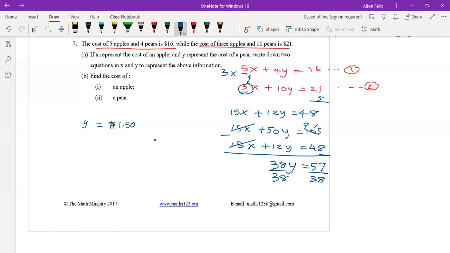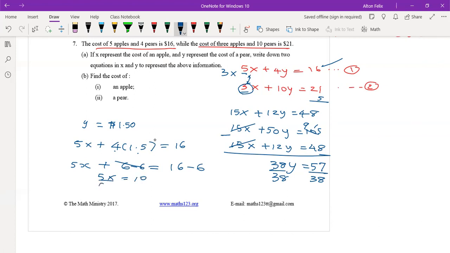Let's go back to the first equation right here. We're going to replace y with 1.5, so you're going to get 5x plus 4 by 1.5 equals 16. Now 4 by 1.5 is 6. So 5x plus 6 equals 16. You subtract 6 on both sides to eliminate that 6. Right, so you get 5x equals 10.